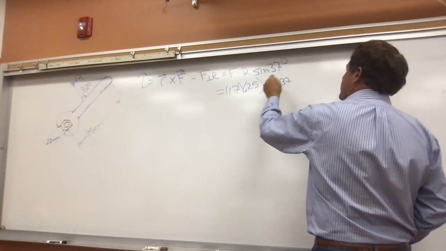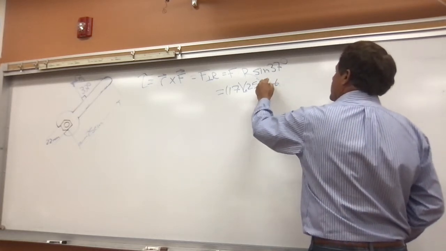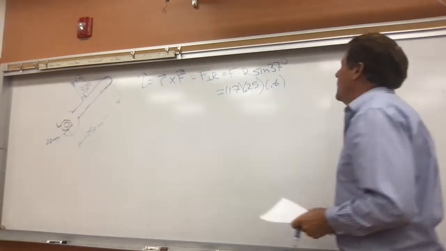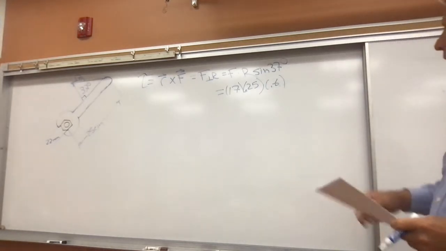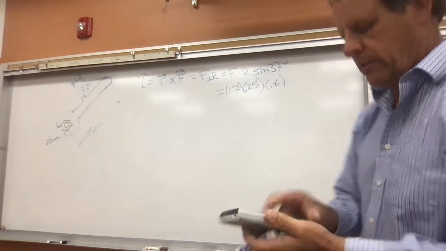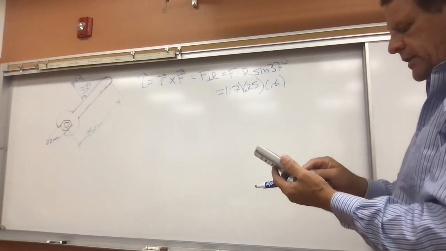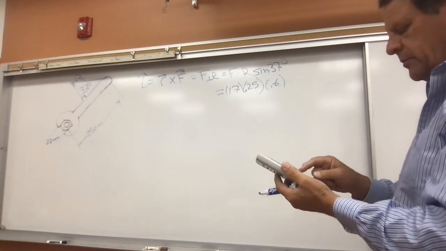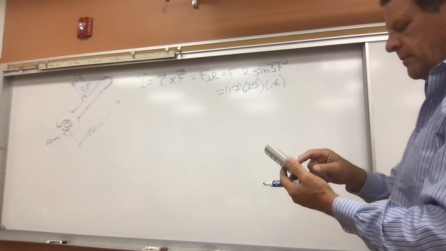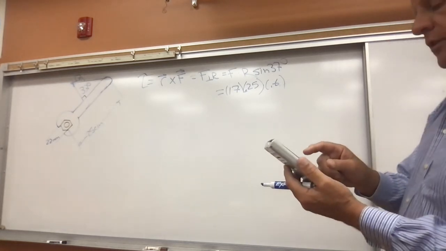So this right there is about equal to 0.6. Let's just do it on our calculator to make it faster. 17 times 0.25 times, make sure you guys are in degrees in this case.